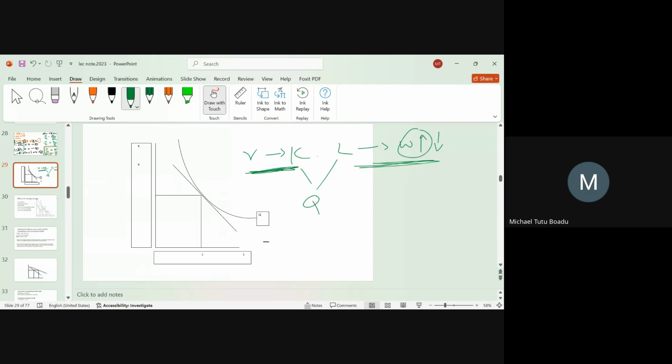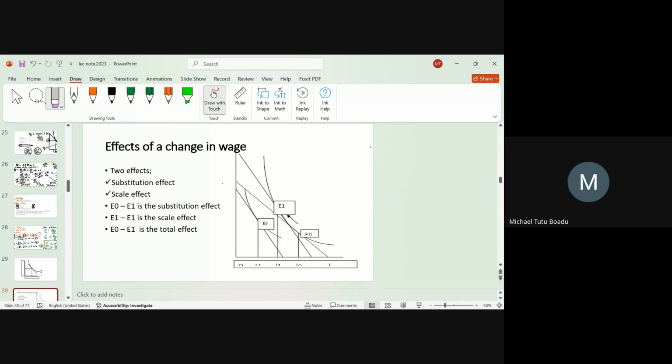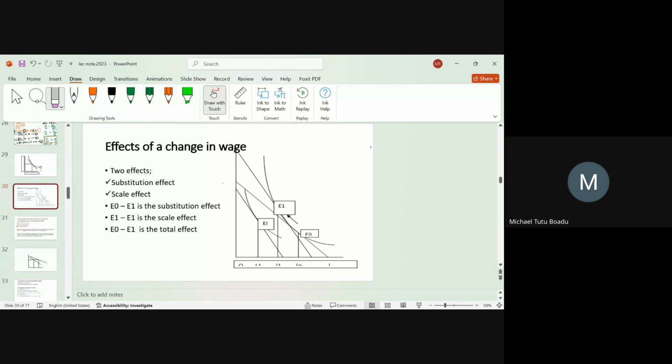If wages are rising, the person is likely to employ more capital and less labor. If wages are falling, he's more likely to employ more labor than capital, and this will influence the position or the shape of the curve that we just saw. So this is what we call substitution effect and scale effect. So anytime there's a change in wages, it leads to two different types of effect: substitution effect and scale effect. Two types of effect are realized anytime there's a change in wage.